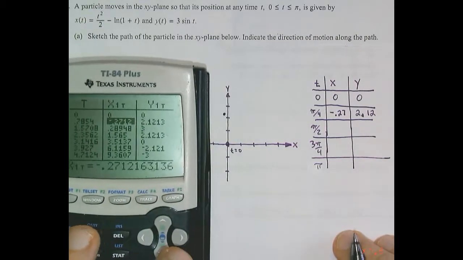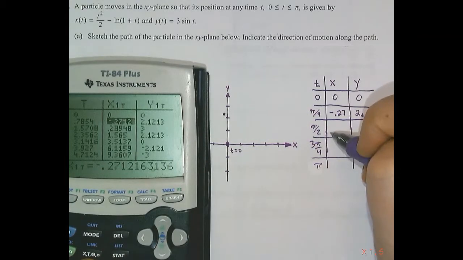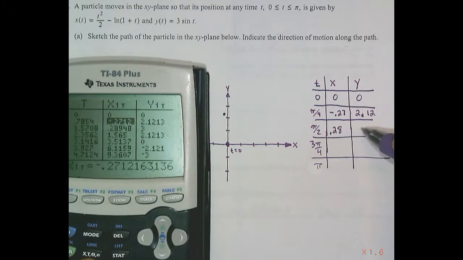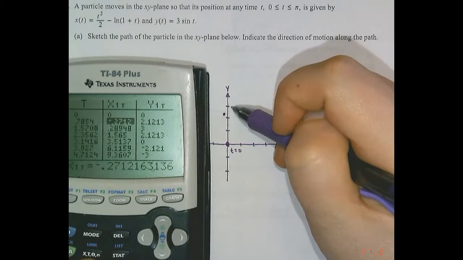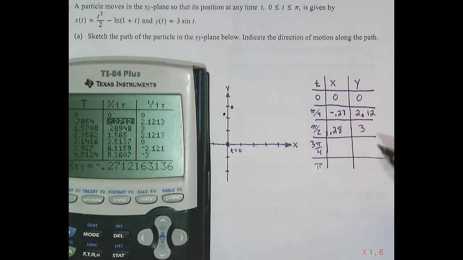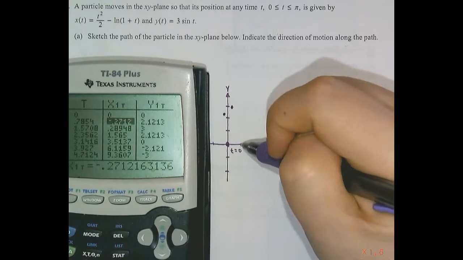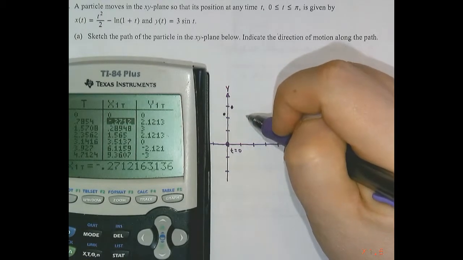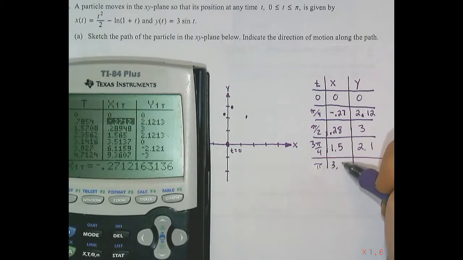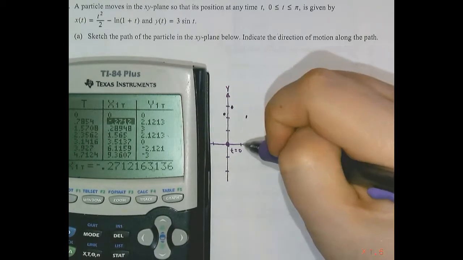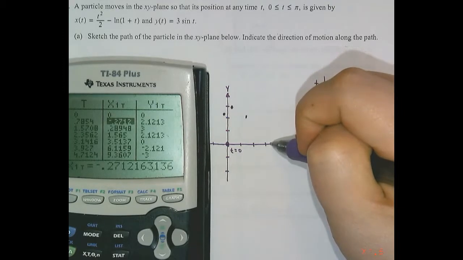And then we can continue at positive 0.28, comma 3, and then 1.5, 2.1, and then at pi we get to 3.5, comma 0.